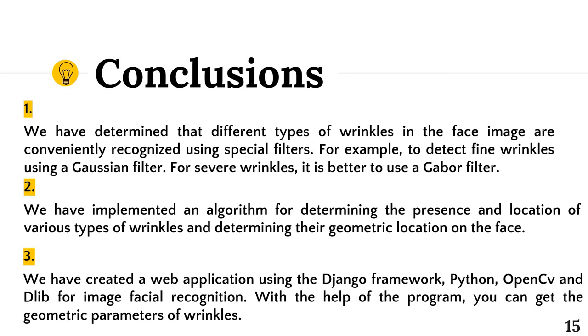We created a web application using the Django framework, Python language, OpenCV and Dlib libraries to recognize faces in the image. Using the program, you can get geometric parameters of wrinkles.